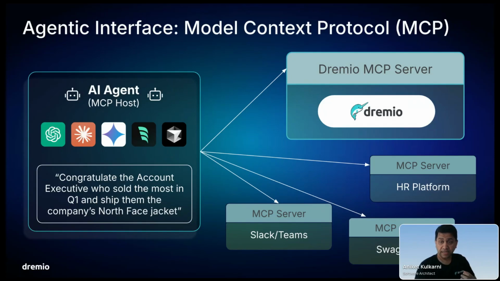You can have an MCP server that allows the agent to understand the sales metrics, another to understand the HR metrics, and finally a couple more to look at and integrate the aspects of announcement and swag store. Putting all of this together, the AI agent can easily break this down into things that the LLM can understand and actually work on what I have told it in natural language.